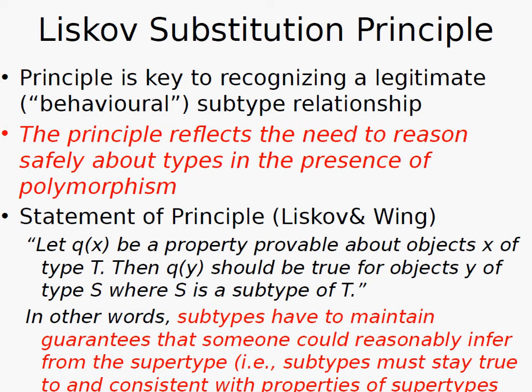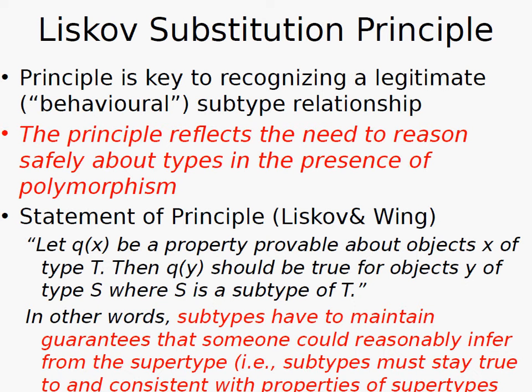Much of it you have to check, and this is why I'm teaching it to you. Because when you go out into the world of software engineering, you will be responsible for checking the Liskov substitution principle with respect to your code. That's not going to be something checked automatically by the compiler. Not all features of it a compiler can check.